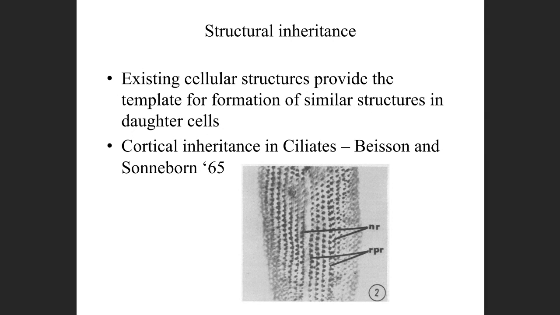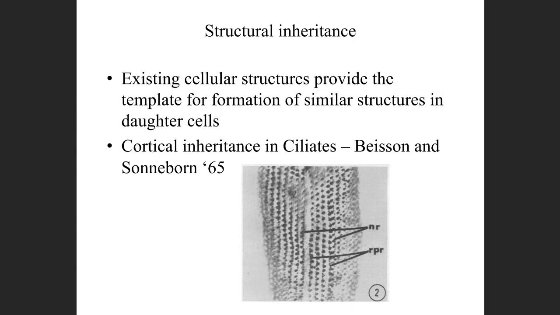What Beisson and Sonneborn did was they physically manipulated the distribution of cilia on the cell surface, and I think they removed some. And what they found was that the cilia itself was a template for the pattern of cilia formation in daughter cells.